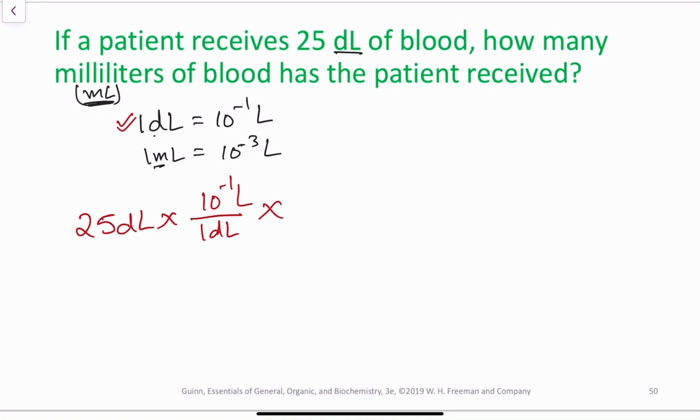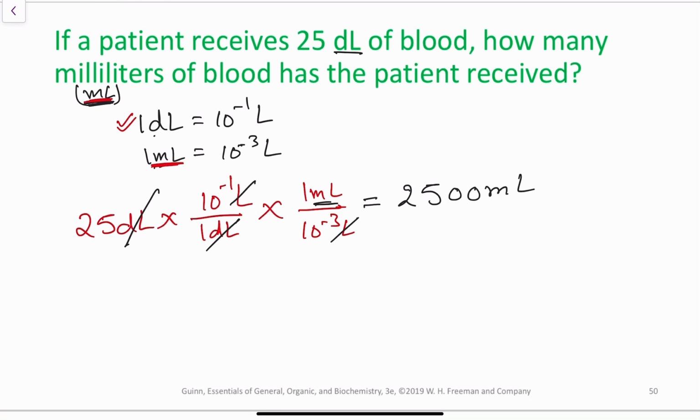Now our final answer has to be in milliliter, so put 1 mL on the top and 10 to the power negative 3 liter on the bottom. Deciliter cancels up and down, liter cancels up and down, and the only unit left is milliliter. That's what we required. So if you solve everything, you're gonna get your final answer as 2500 mL.